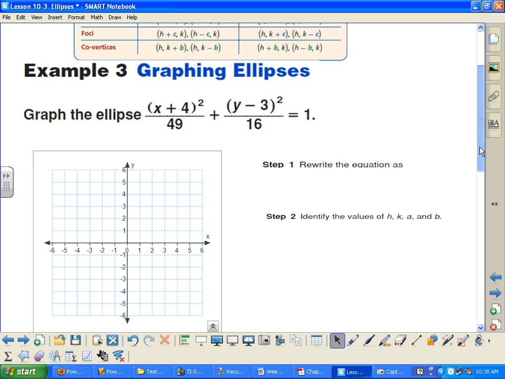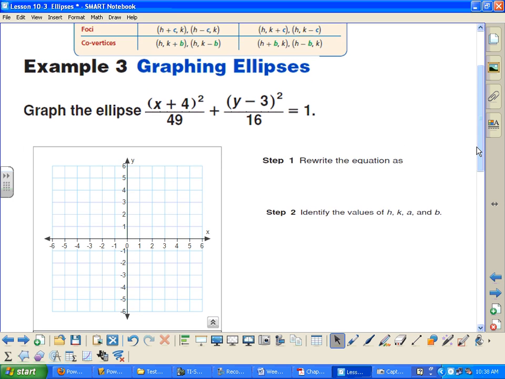So first of all, we want to rewrite the equation showing the things that are squared. So it says (x plus 4) squared over 7 squared, plus (y minus 3) squared over 4 squared, equals 1. In other words, I want the denominators squared so that I can easily identify the values of a and b.